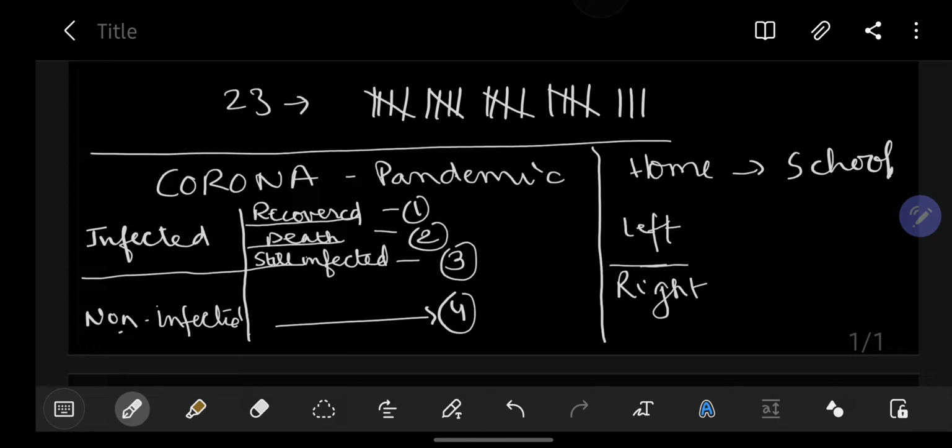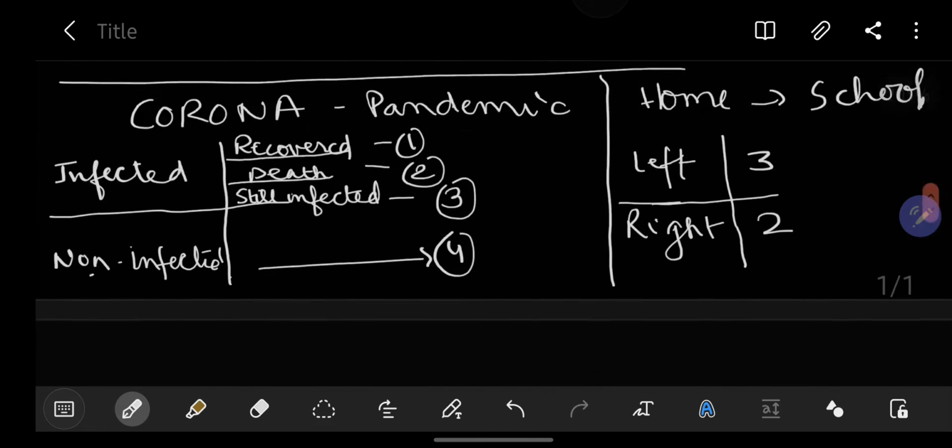Now see, this is a nominal scale categorical variable. There's no order between them, and it's categorical, and you can count. Suppose when you go to school, you need to take 3 lefts and 2 rights, and you reach your school. So this can be considered a categorical distribution. It's simple. Now we will study this in detail.